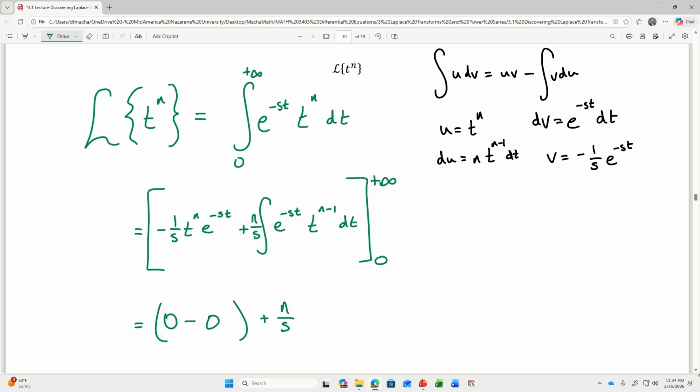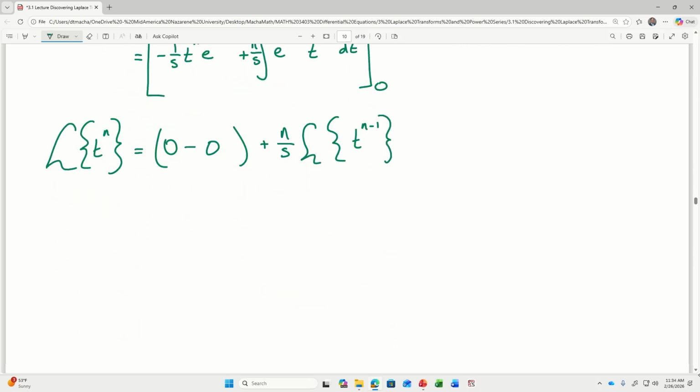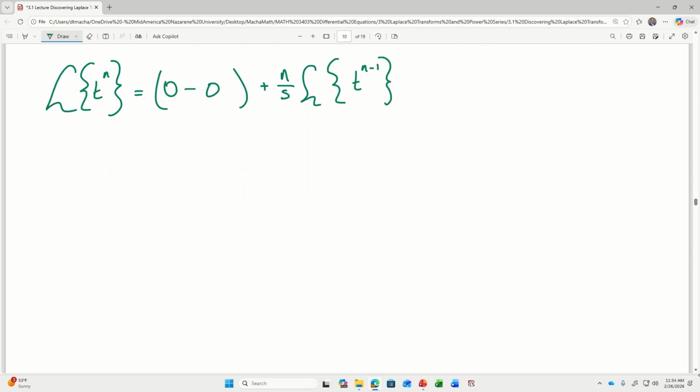So the Laplace transform of t to the n power is equal to 0 minus 0 plus n divided by s times the Laplace transform of t to the power n minus 1. And this is a kind of recurrence relation.